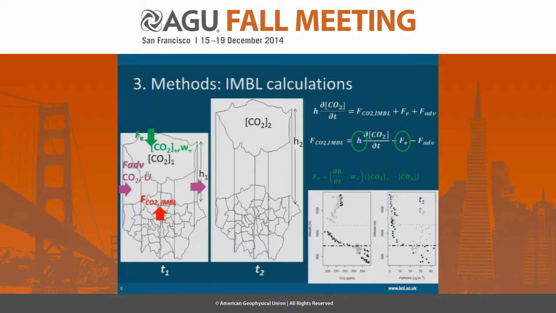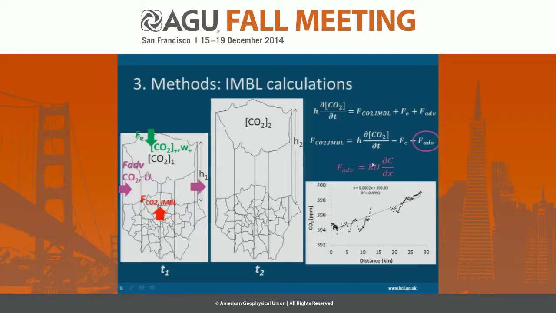Then we calculate the entrainment flux from the variability of the boundary layer height in time and the vertical velocity. Eventually, the advection term is going to depend on the boundary layer height, the wind speed, and also the CO2 gradient over distance, which was calculated as the fit of the CO2 over the distance flying parallel to the main wind direction.